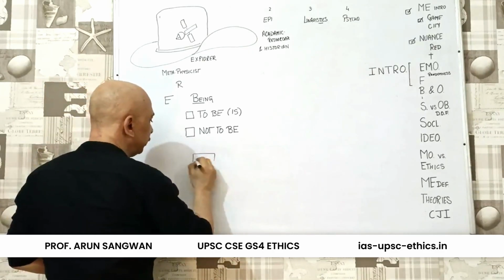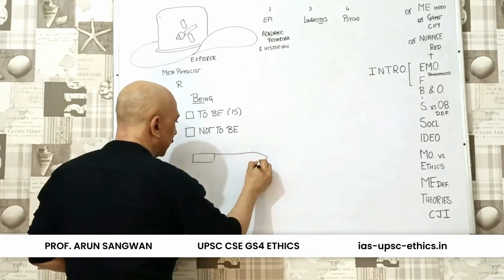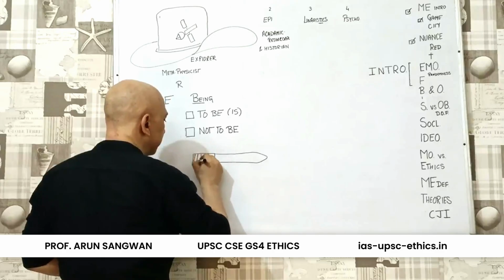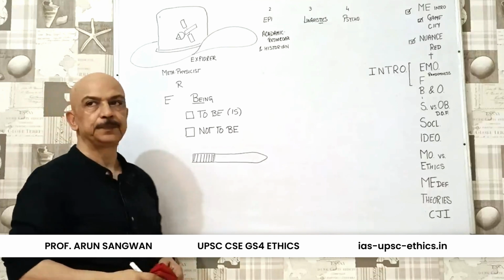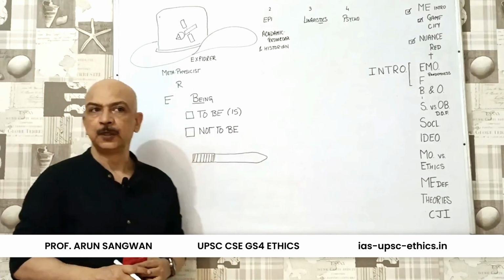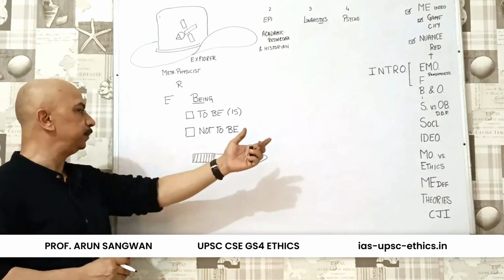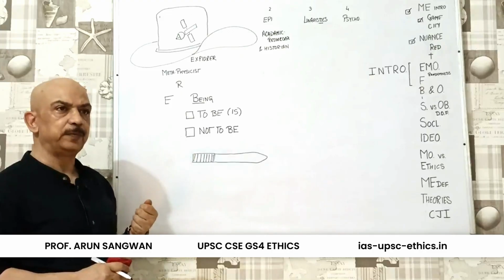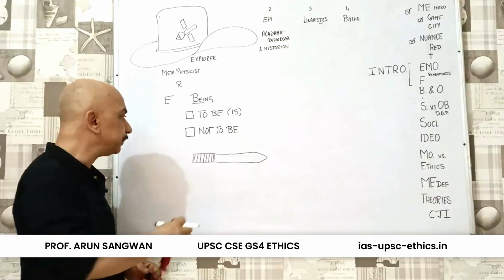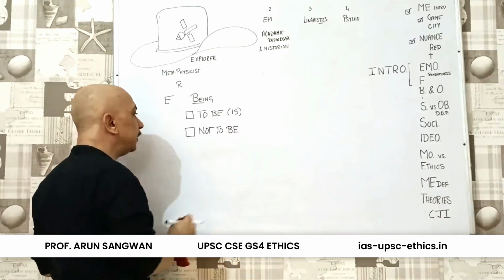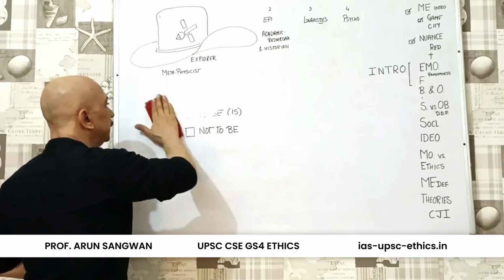Let's imagine this to be a knife. What is the essence of a knife? The essence of a knife is its sharpness. You take sharpness away from the knife, it does not remain a knife. Okay, so I'm going to rub this off.